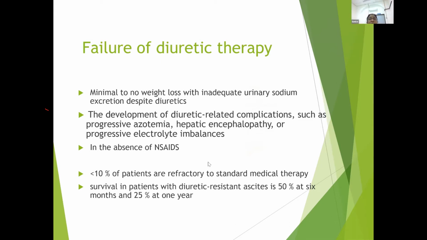It is minimal to no weight loss with inadequate urinary sodium excretion despite the diuretics, or the development of diuretic related complications such as progressive azotemia, hepatic encephalopathy, or progressive electrolyte imbalance, in the absence of NSAID intake. Less than 10% of patients are refractory to the standard medical therapy. But survival in these patients with diuretic resistant ascites is 50% at 6 months and 25% at 1 year.